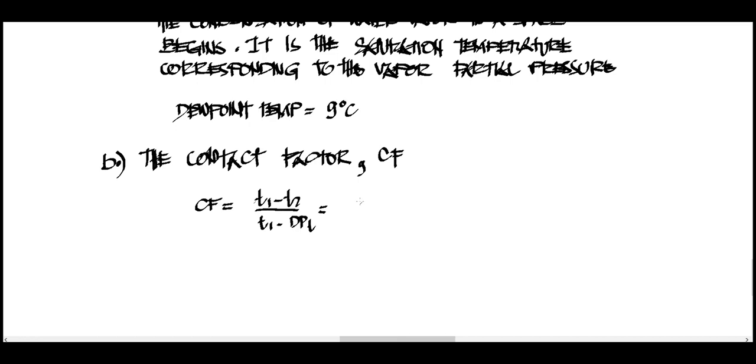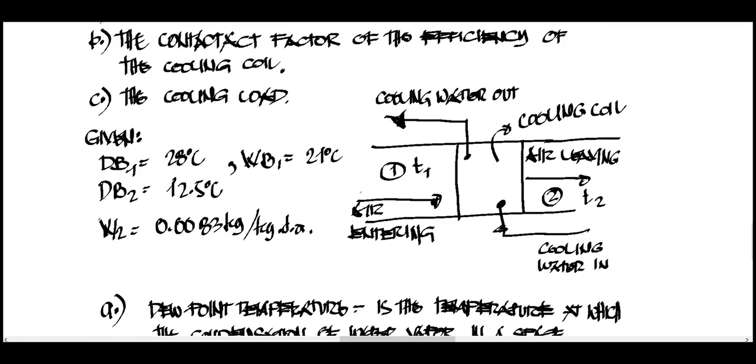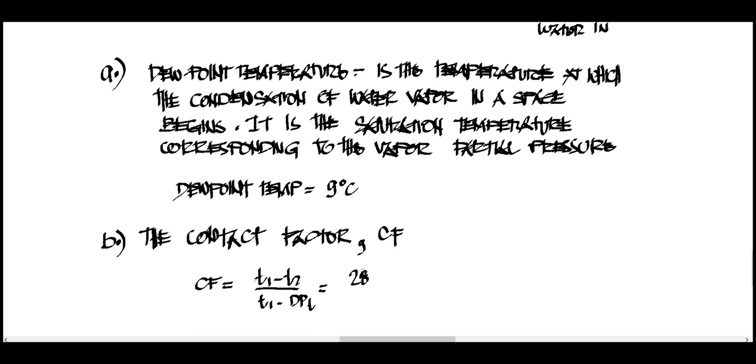So where your T1 will be 28 degrees Celsius. So check that one again, 28 degrees Celsius, minus your T2, that will be 12.5 degrees Celsius, divided by 28 degrees Celsius minus the dew point temperature, which is 9 degrees Celsius.